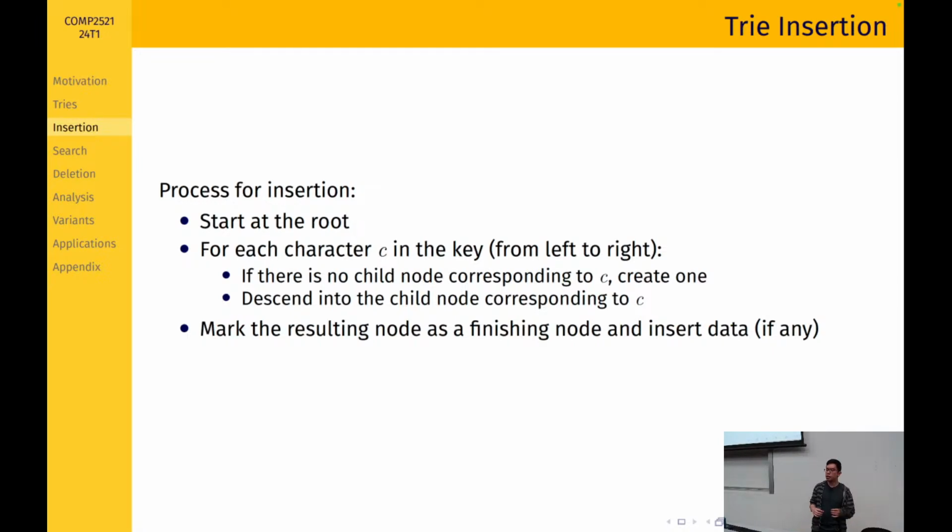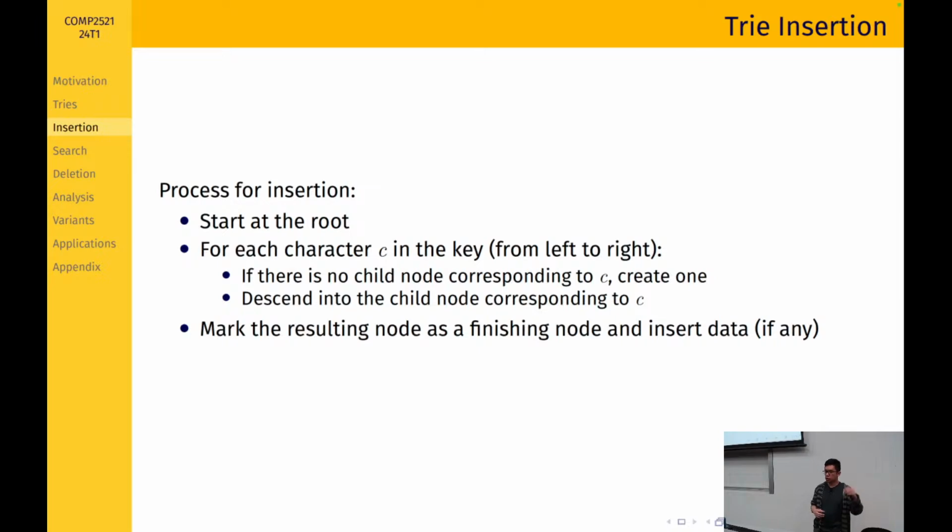The process is, first we start at the root, just like with any kind of tree, binary search tree, where we start at the root. And for each character in the key from left to right, we're going to check if there is a child node corresponding to that character, right? And if there isn't a node corresponding to that character, then we're going to create one, and then we're going to descend into the child node.